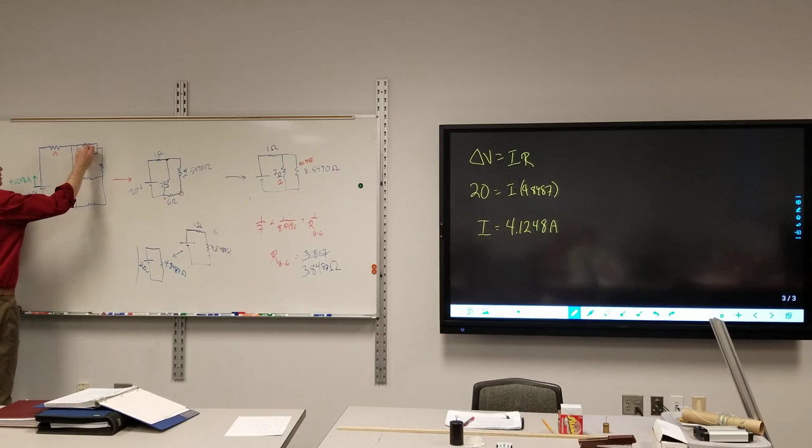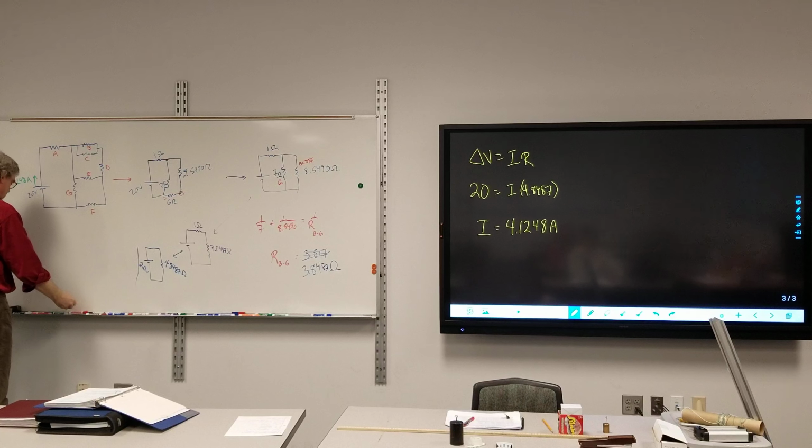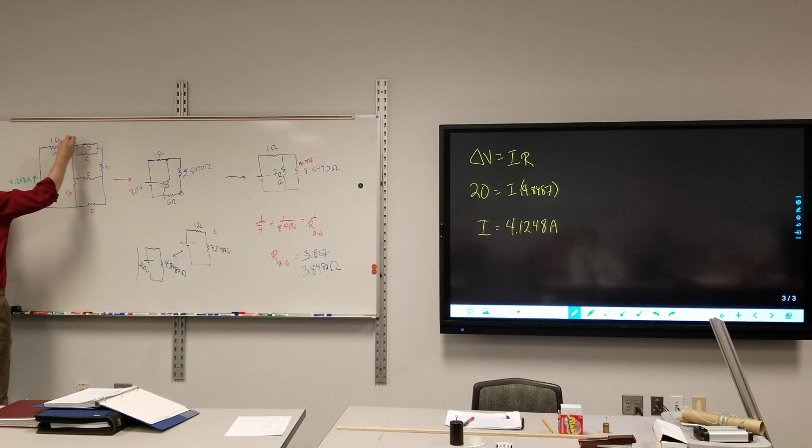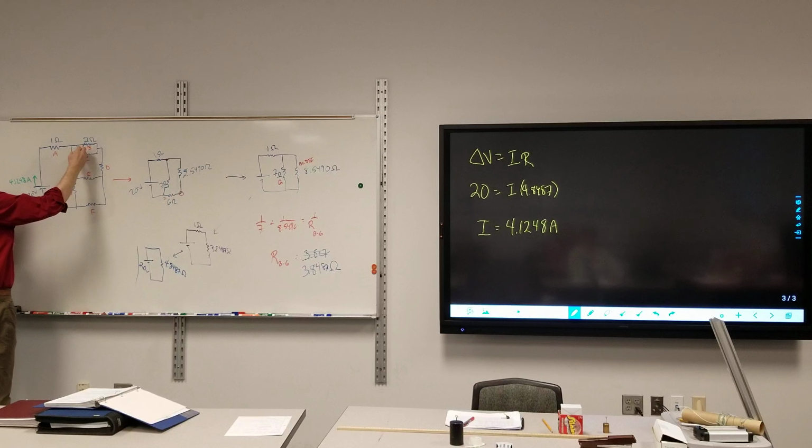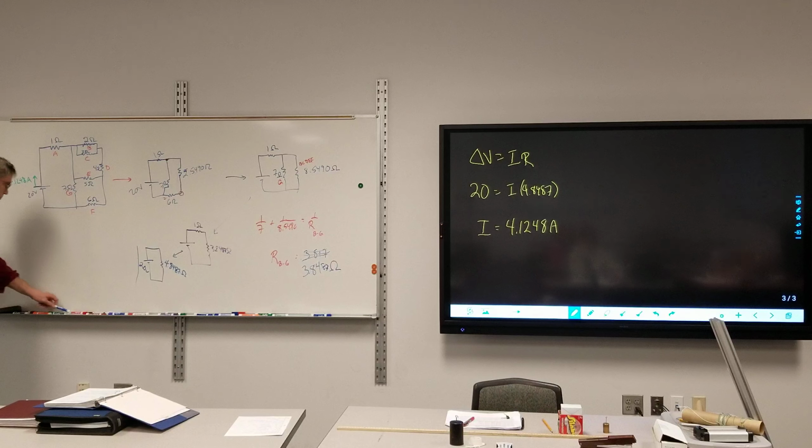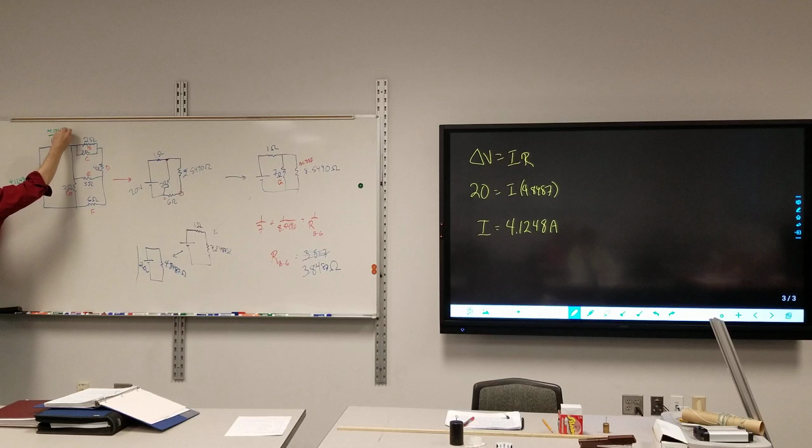A, B, C, D, E, F, G. So I have a current flowing across here of 4.1248 amperes.